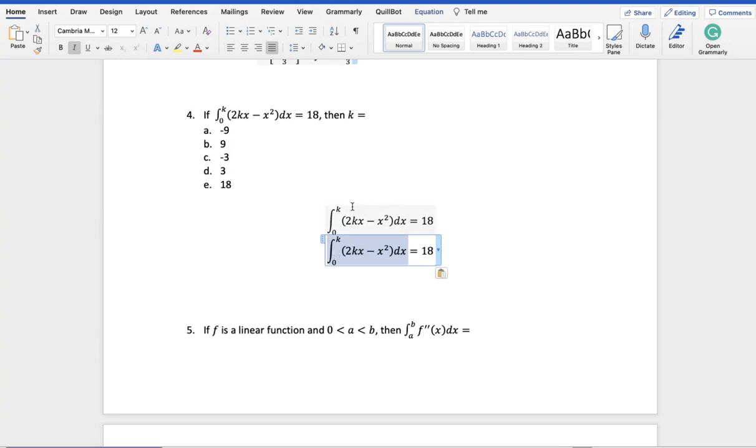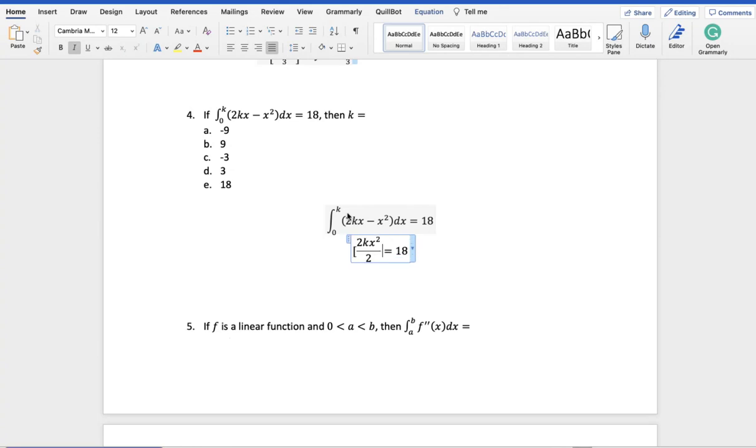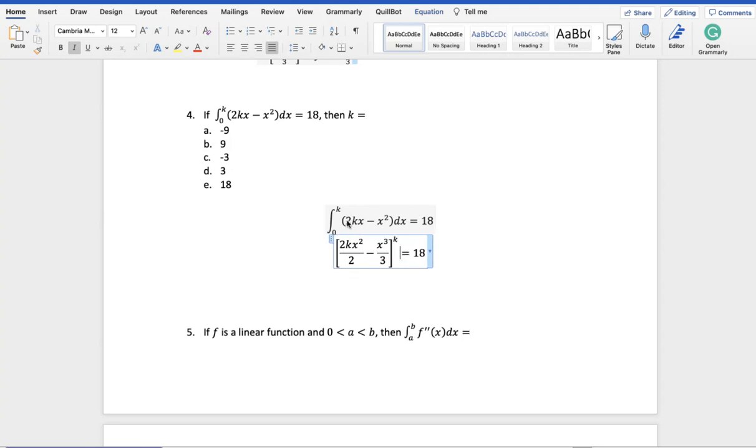Knowing that k is a constant, the integral is 2kx squared divided by 2 minus x cubed divided by 3, evaluated between 0 and k.